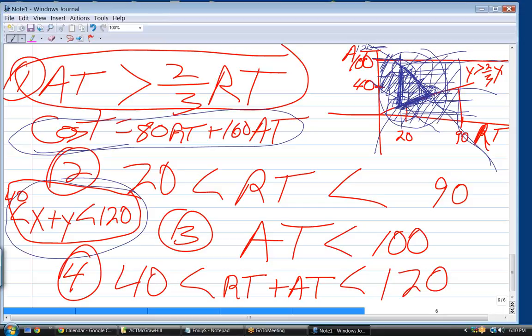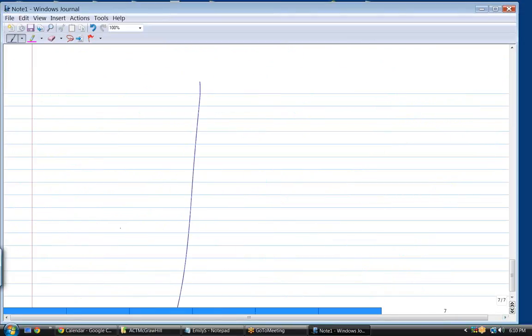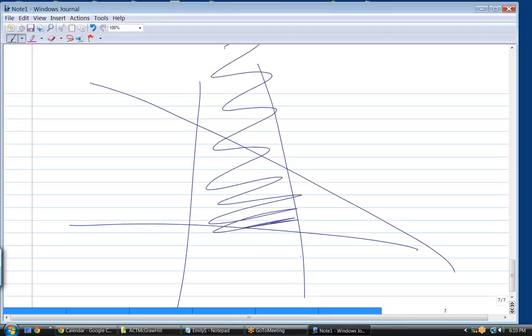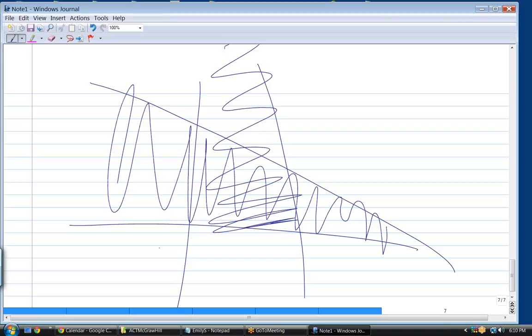But once you graph them all, you're familiar with this: if I have an inequality and that's one, and this is another, and I have to be left of this one, and I have to be below this one, then the area that I'm concerned with is the area that's covered by both.